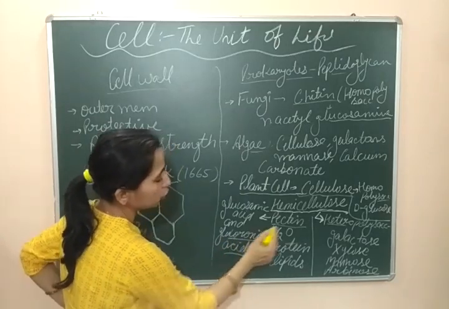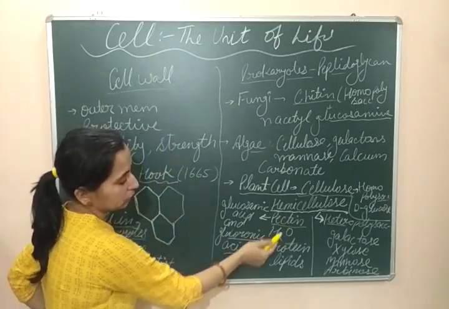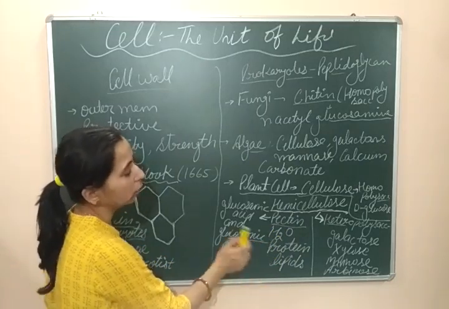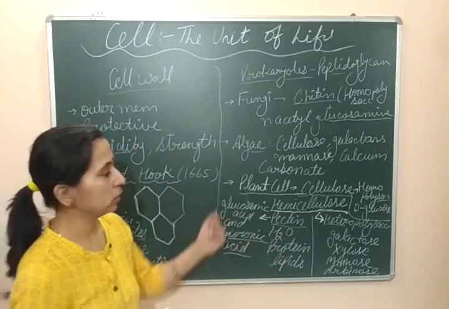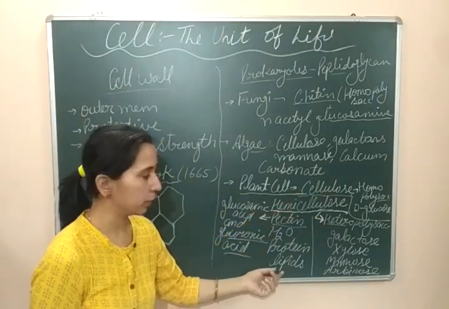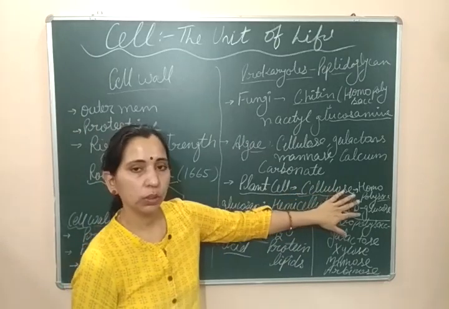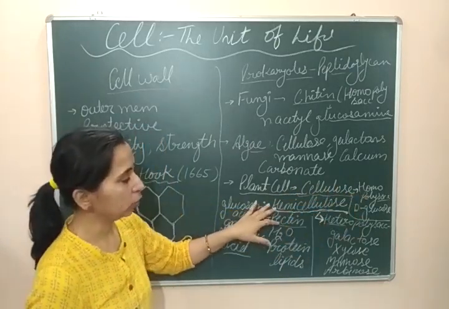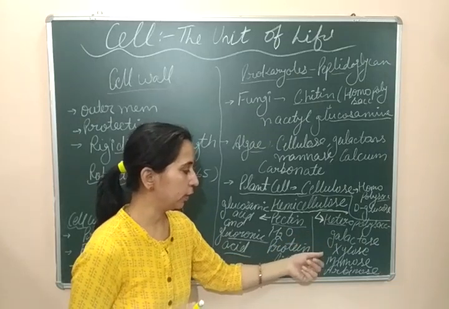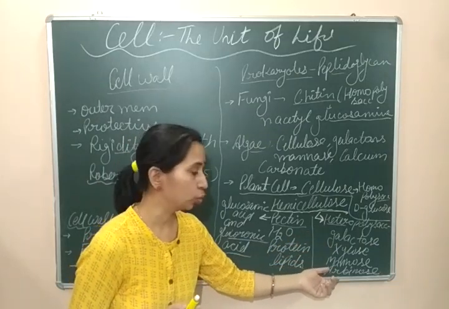So this is the composition of the pectin. Besides this, water, proteins and lipids are also present in the formation of cell wall. So we can say the plant cell wall contains cellulose, hemicellulose, pectins, water, proteins and lipids. Here cellulose is the homopolysaccharide of D-glucose, but hemicellulose is a heteropolysaccharide and it contains galactose, xylose, mannose and arabinose.